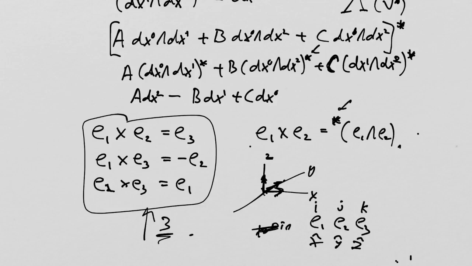And the rules are i cross j equals k, and j cross i equals minus k, which exactly works in our definition, because if you flip these two around, you're going to change the sign.